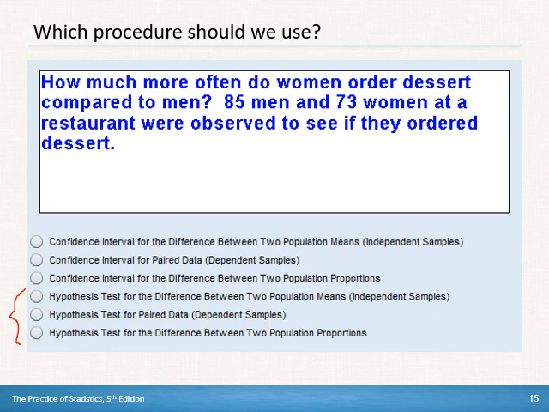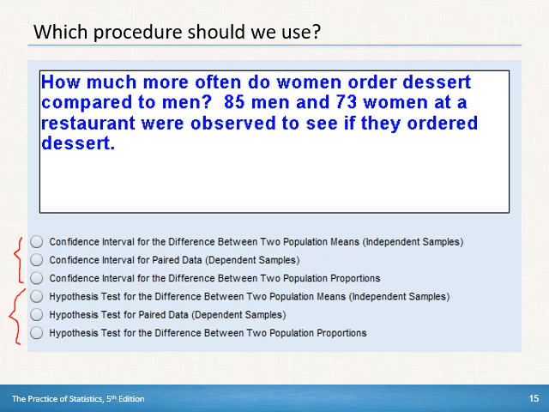If we are trying to estimate a value, then we're dealing with the confidence interval. So think about what your response is. In this case, we're trying to estimate how much of a difference there is. So definitely looking at a confidence interval.